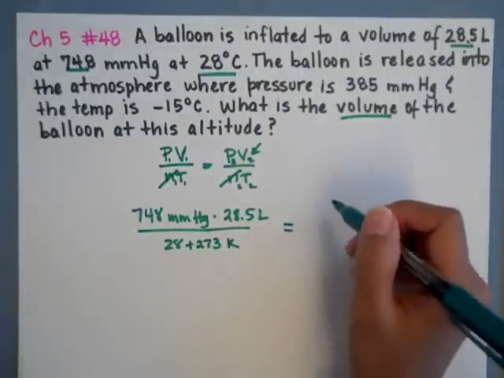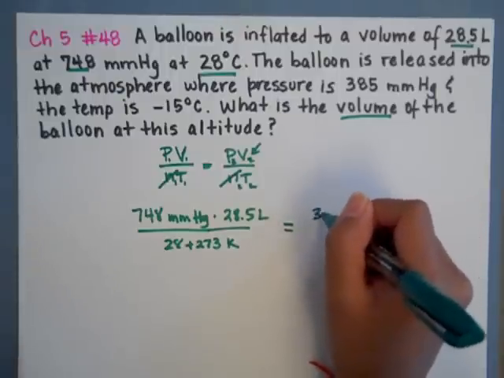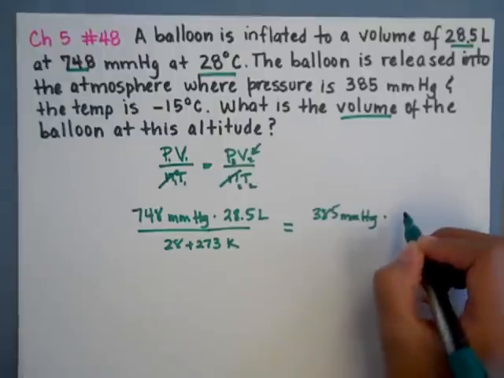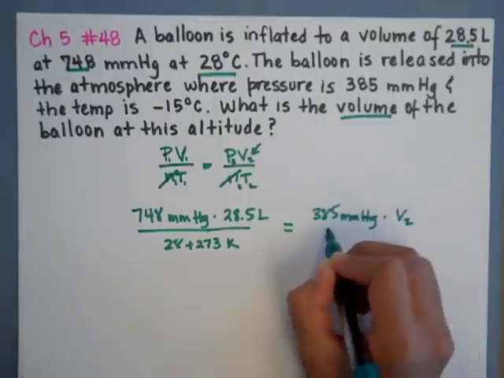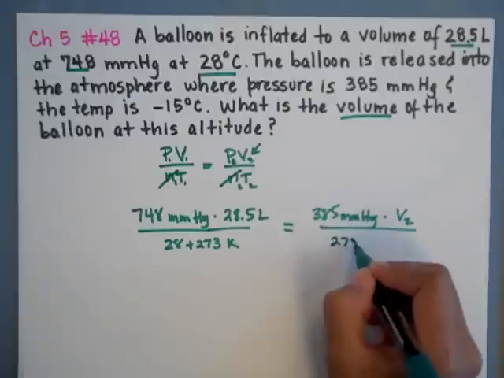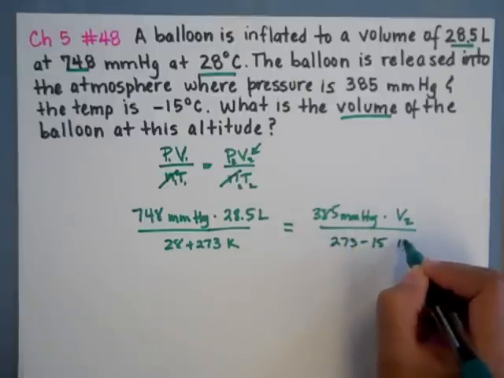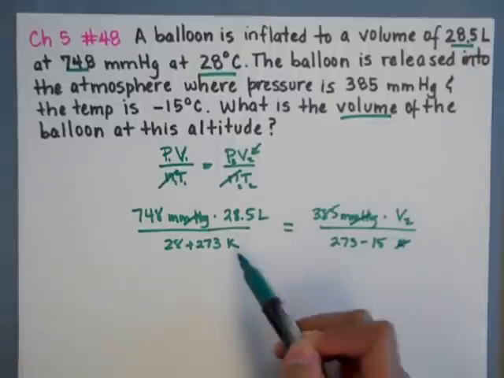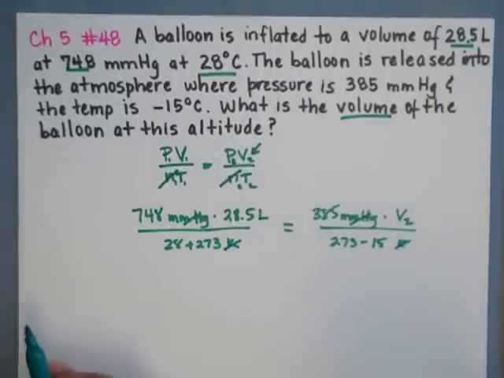And on the other side, we're going to get the pressure of 385 millimeters of mercury times this volume that we're solving for, all over the temperature, which is going to be 273 minus 15 Kelvin. So now all of our units cancel on both sides to get us liters and liters. So it's going to be our final answer.